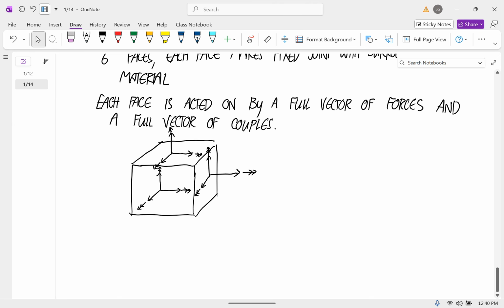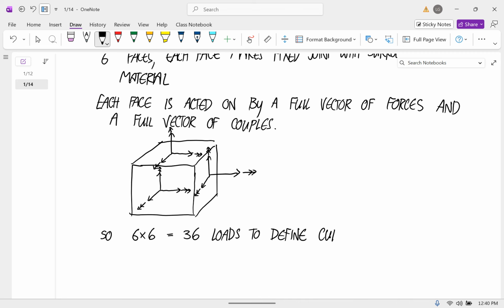And so we have 6 faces times 6 loads, which gives us a total of 36 loads to define this cube. Okay, that's a lot.